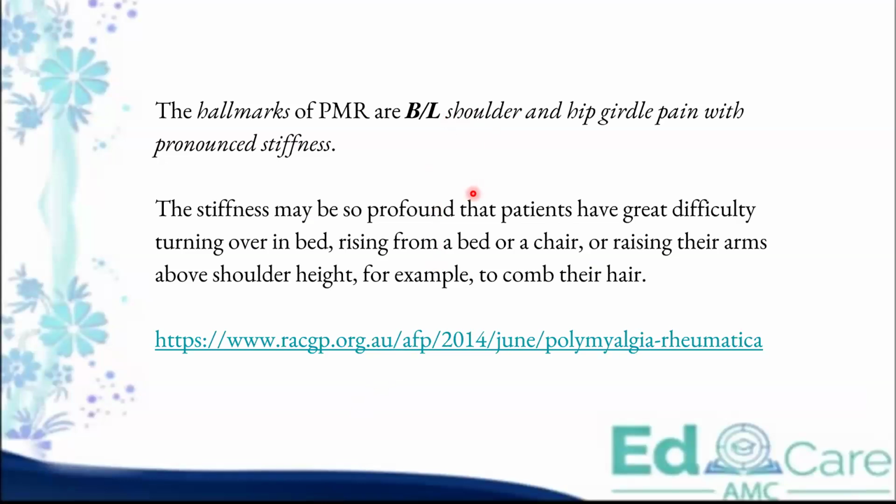So bilateral shoulder and hip girdle pain with profound stiffness, pain and stiffness, right? And stiffness may be so profound that patients have difficulty turning over in bed, rising from a bed or a chair, raising their arms above the height of the shoulders, right? Like combing their hair.